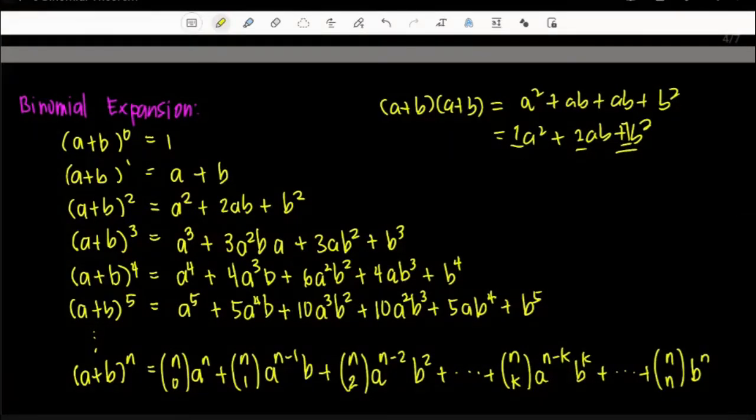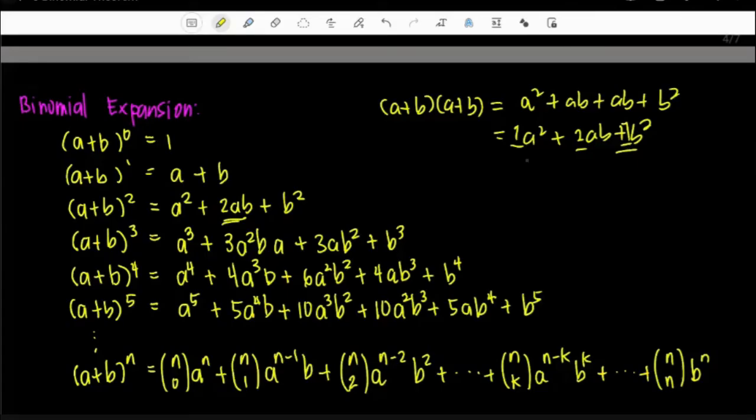On the other hand, the powers in a squared, ab, b squared, so the powers of a and b decrease by 1 or increase by 1. So for a, we start with the power 2, and then on the next term, the power of a reduced by 1. On the other hand, the power of b increased by 1.